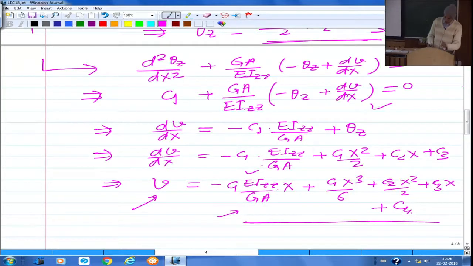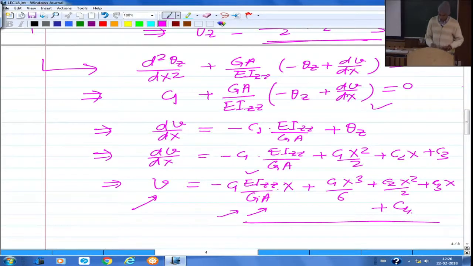So when the beam is thick, you will find that Izz and A are going to be comparable, so this term will have significance. But when the beam becomes thin, I involves h cube whereas A involves only h, so I would become much smaller. So this term would tend to 0.